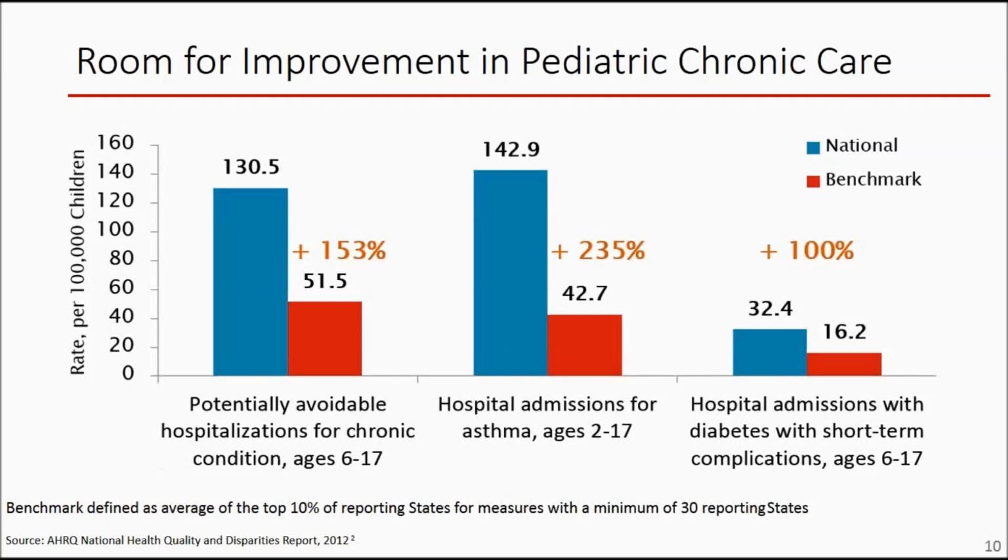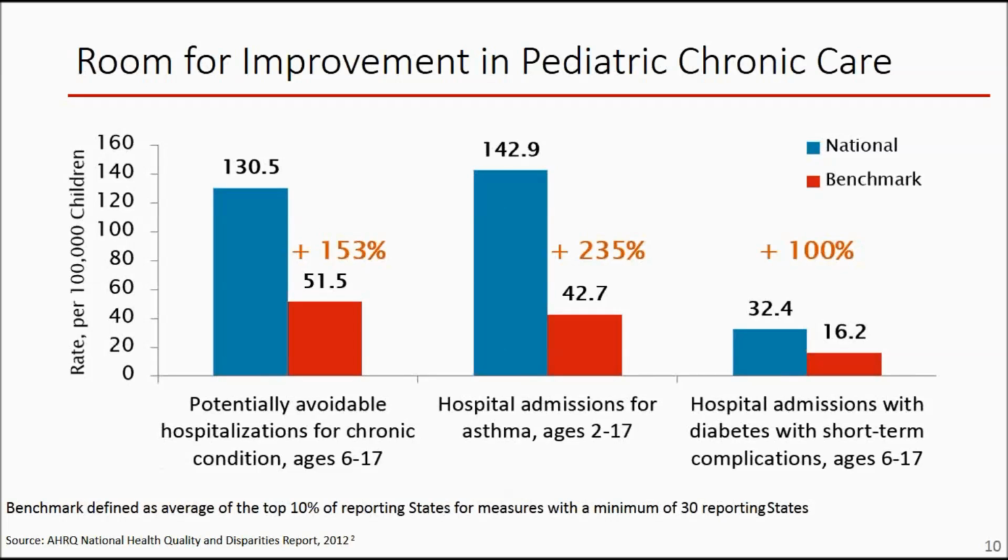And maybe we wouldn't care if pediatric chronic care was great and all of these kids were really well taken care of, but there's some signal to say that may not be the case. This is coming from AHRQ's National Healthcare Quality and Disparities Report. It's a couple of years old, but trends in more recent data are similar. This is looking at 3 quality indicators for pediatric chronic care: one generally around potentially avoidable hospitalizations, one for asthma, and one for diabetes.